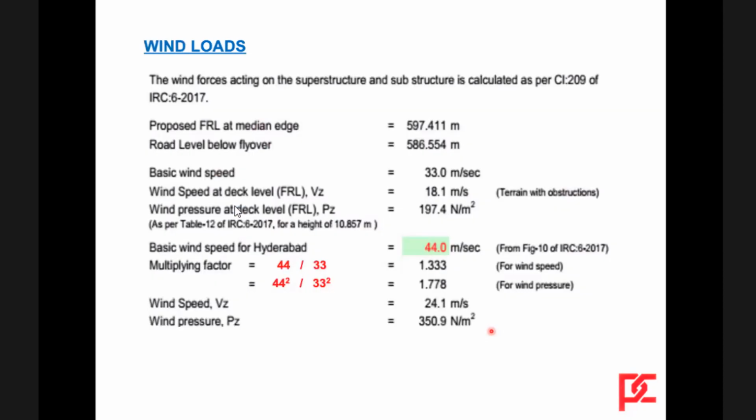Then wind loads are calculated for the basic wind speed in Hyderabad of 44 meters per second. The code gives the loads for 33 meters per second, so this is converted to the 44 meters per second case, and then wind pressure is calculated.